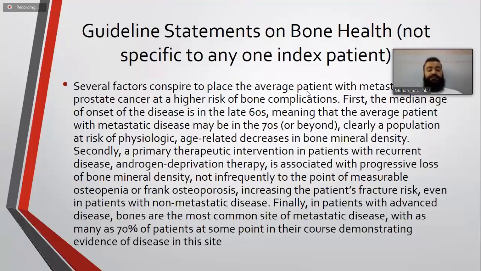Second, a primary therapeutic intervention in patients with recurrent disease is androgen deprivation therapy, associated with progressive loss of bone mineral density, not infrequently to the point of measurable osteopenia or even osteoporosis, increasing the patient's fracture risk even in patients with non-metastatic disease. Finally, in patients with advanced disease, bones are the most common site of metastatic disease, with as many as 70% of patients at some point in their course demonstrating evidence of disease in this site.